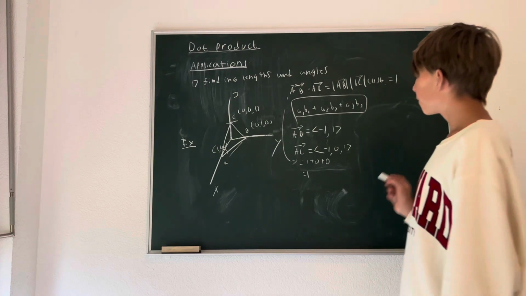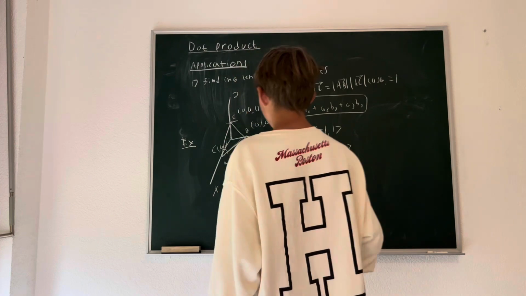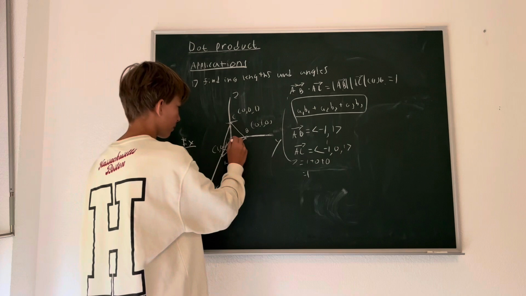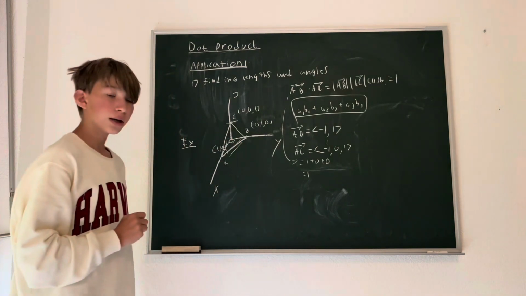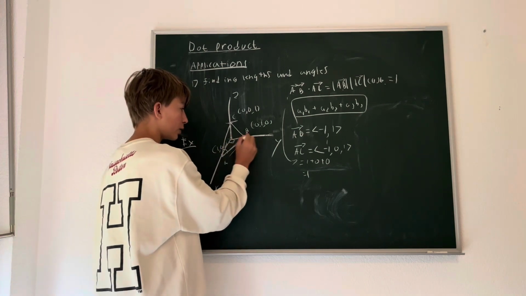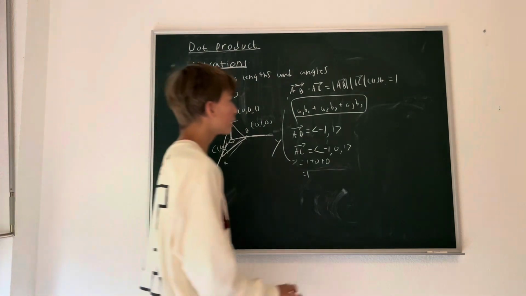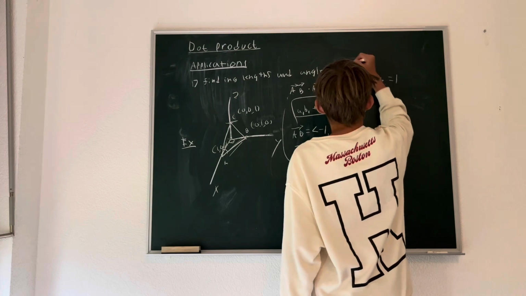And we can easily find the magnitudes of this vector and this vector. So let's first look at this vector right here. This is a 90-degree angle. This is going to be 1, and this is going to be 1. So using Pythagoras, we can figure out that this is just going to equal square root 2.